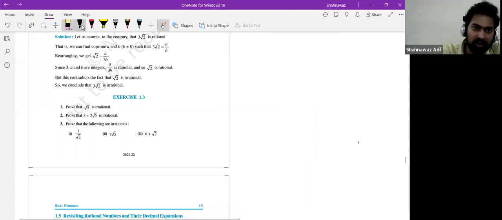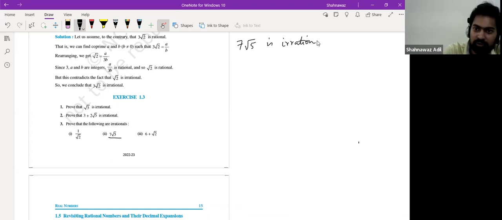Okay. So prove that the following are irrational. So this is easy, right? How will you prove that 7 root 5 is irrational? Simple. You assume 7 root 5 is p by q, right?